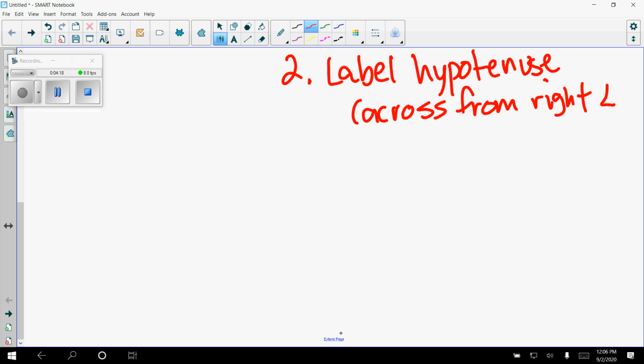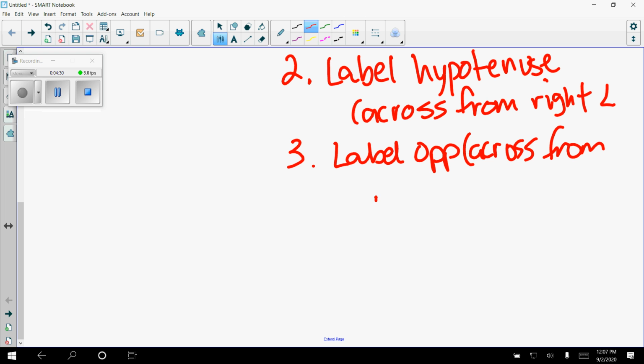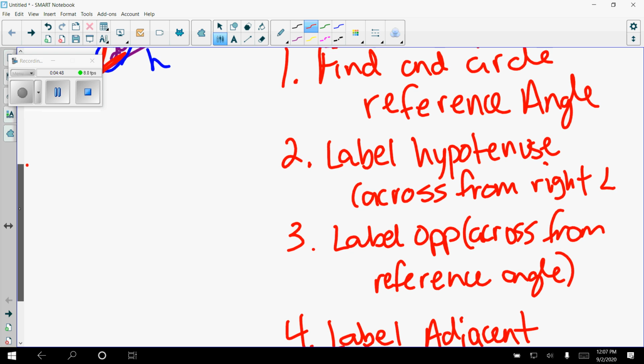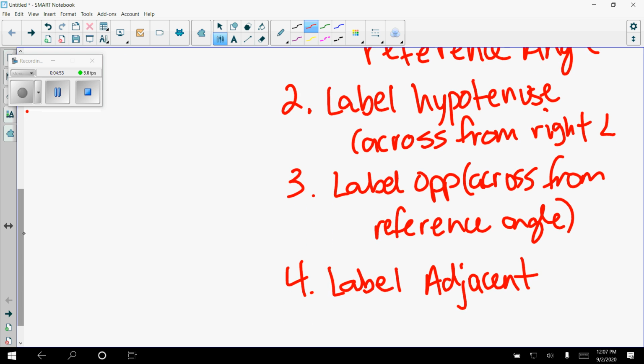After we label the hypotenuse, number three, we want to label the opposite. So that's across from the reference angle. And number four, label the adjacent, whatever's left over. So find and circle the reference angle, label the hypotenuse, label the opposite, label the adjacent.